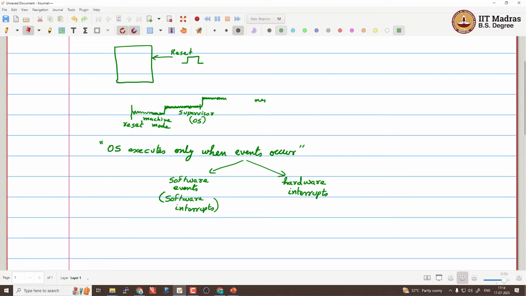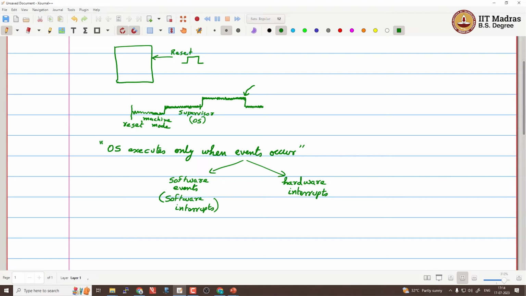If I look at it in this figure, the user process continues to execute, and at some point there is an interrupt, which could be either a hardware or a software interrupt, and this shifts the processor from user mode back to the supervisor mode and permits the OS to execute.